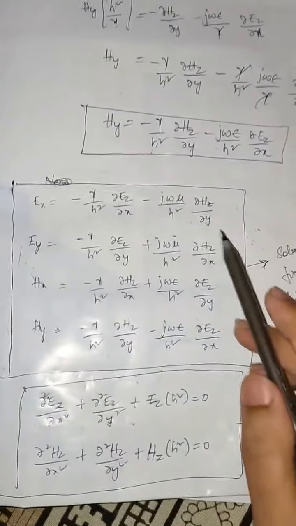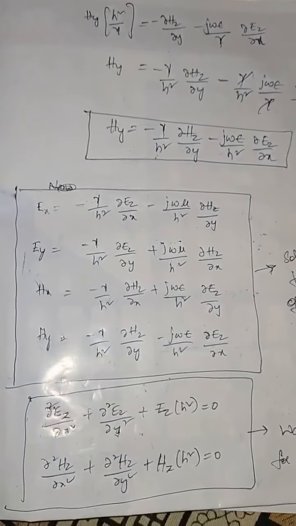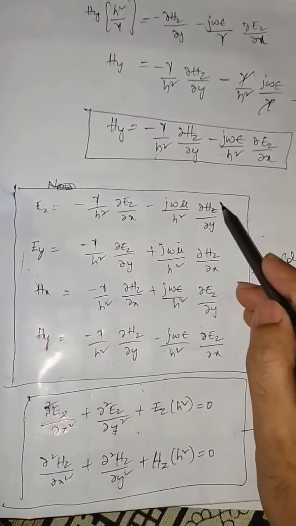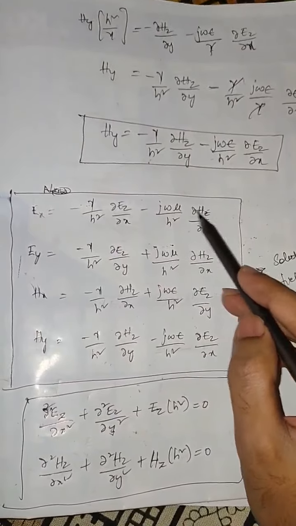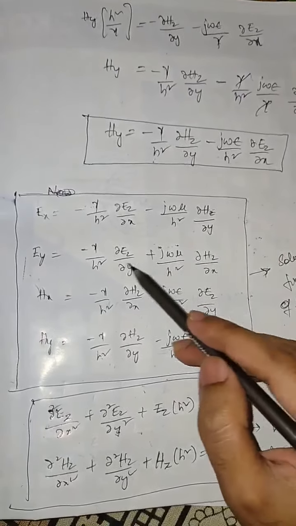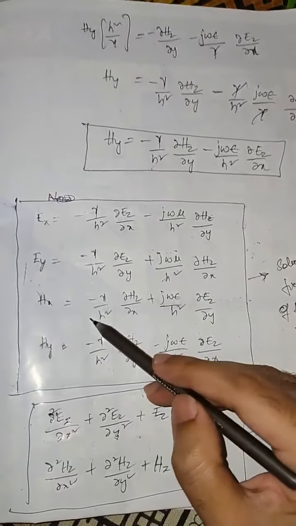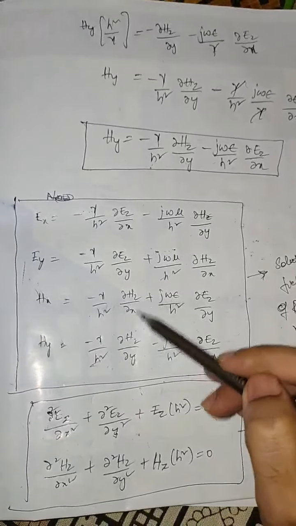Now we want Ex, Ey, Hx, Hy for the TM mode, the transverse magnetic mode. For that we assume that Hz is 0. Hz is 0 in this particular equation, so that means this component is 0. Here also Hz is 0, so these components are 0.